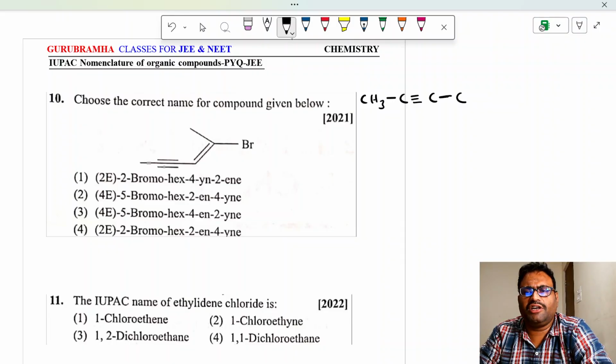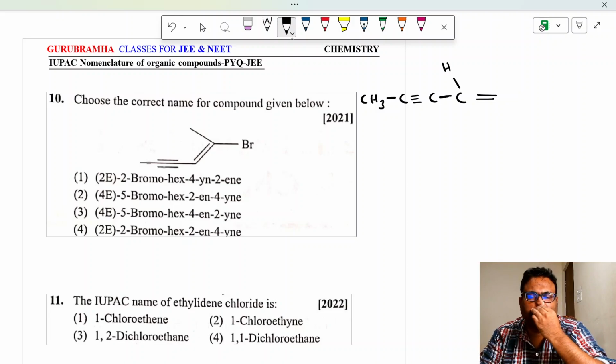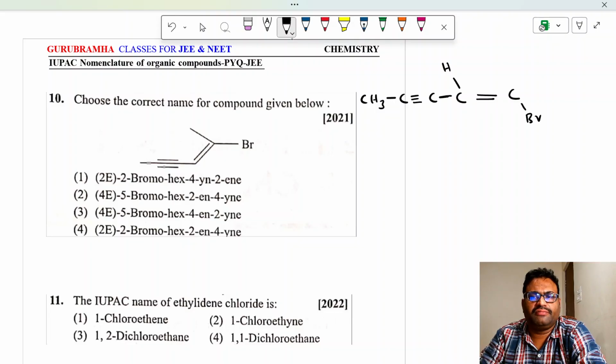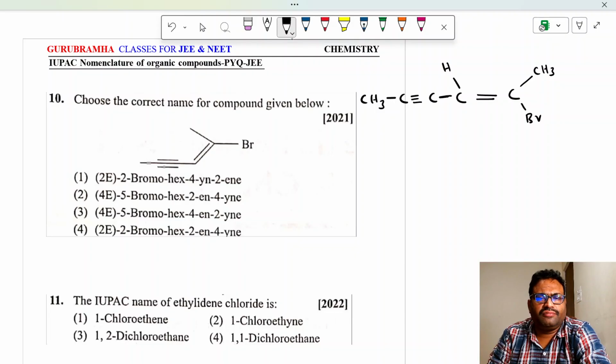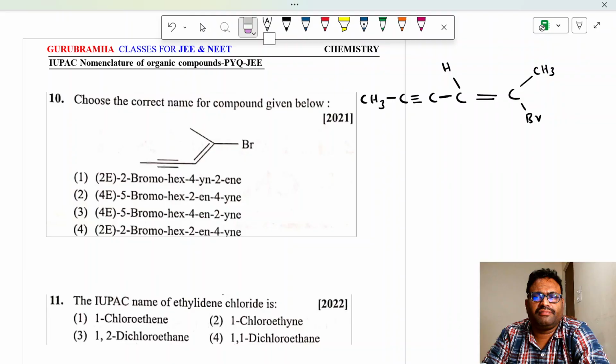And here you find H, and C. Here Br. Next here CH3. This is the detailed writing.